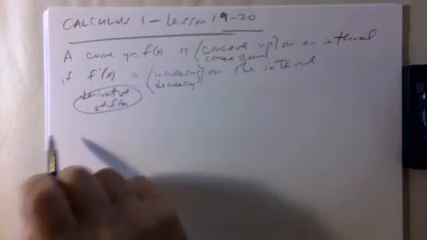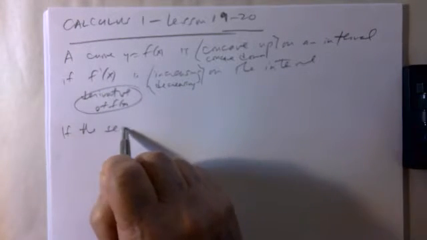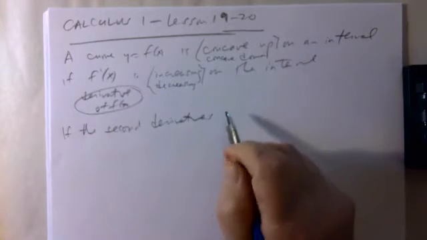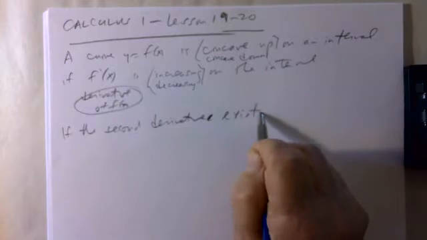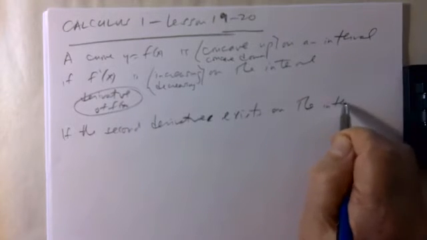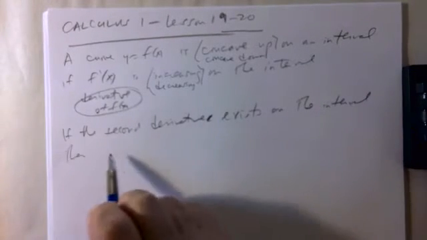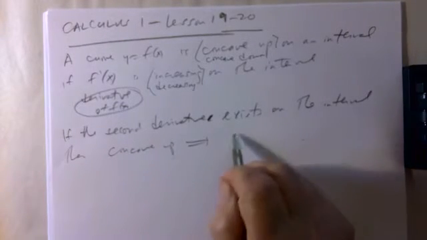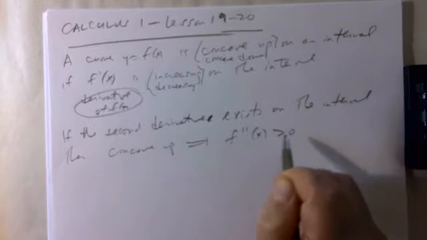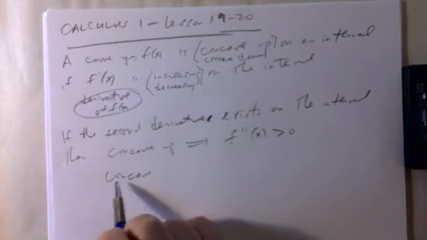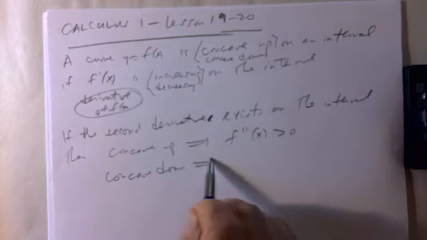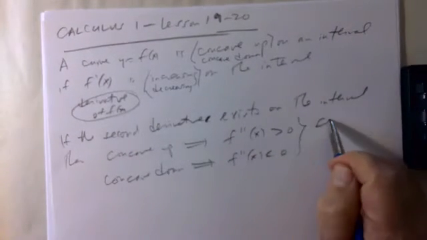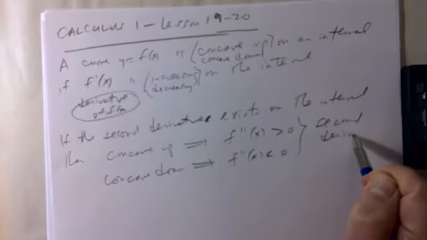So if the derivative is increasing and the second derivative exists on the interval, then concave up means the second derivative is positive. Concave down means the first derivative is decreasing, so the second derivative is negative.